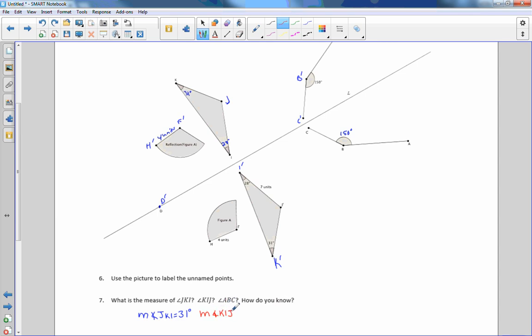The measure of angle KIJ, where is that? KIJ, 28 degrees. And the measure of angle ABC is 150 degrees.